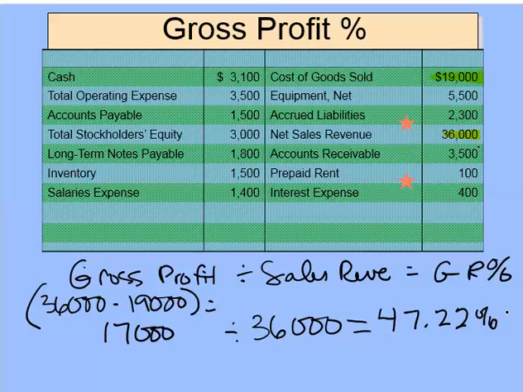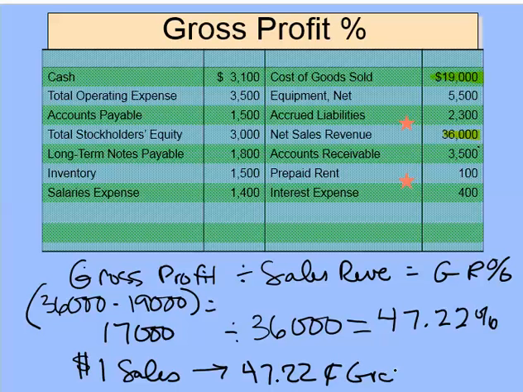Okay, now, how do you interpret that information? So this tells us that for every dollar the company sells, that means they get 47.22 cents in gross profit.